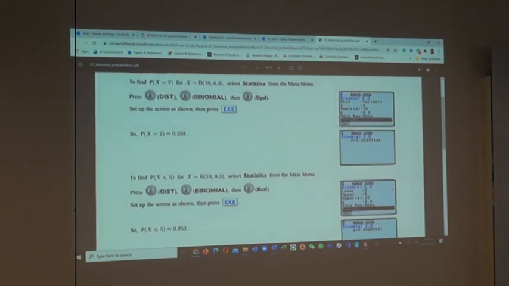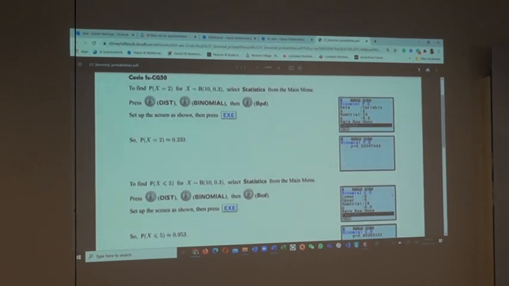Again, you might want to get the probability of x less than or equal to, like the case of less than or equal to 18, you guys were arguing about a while ago.